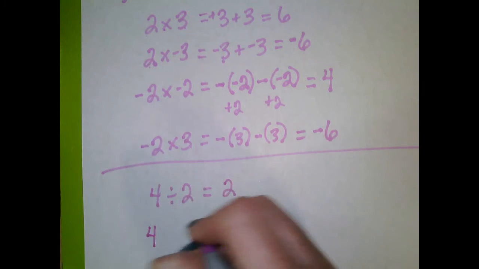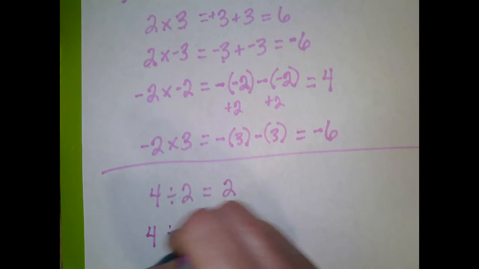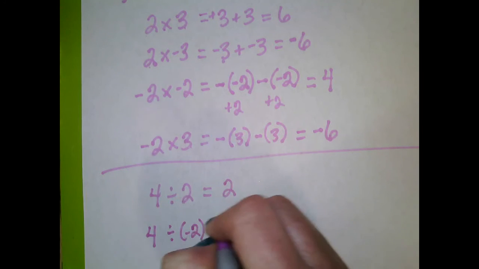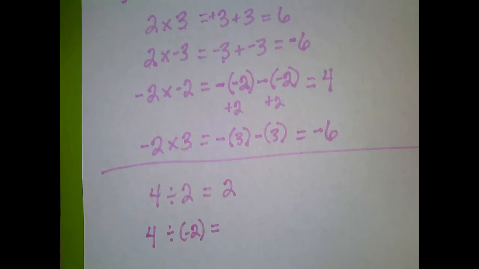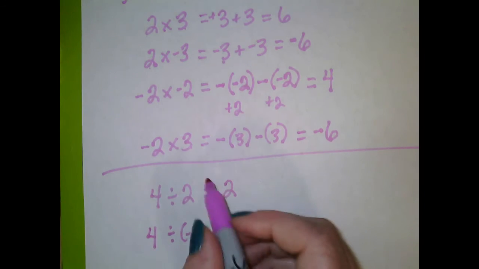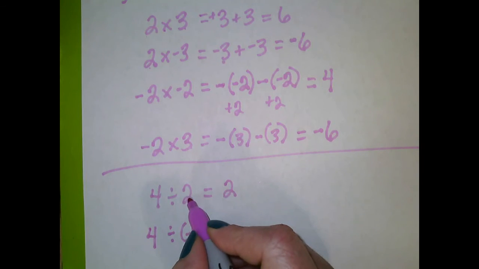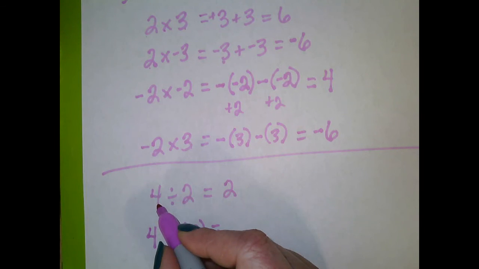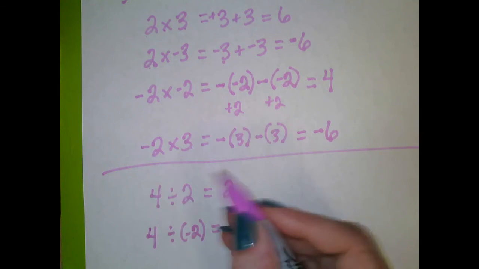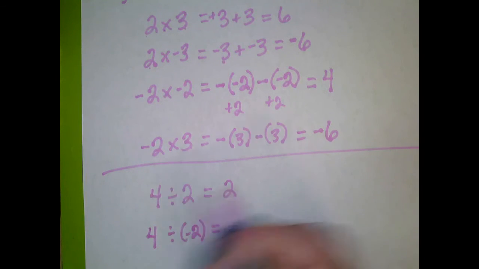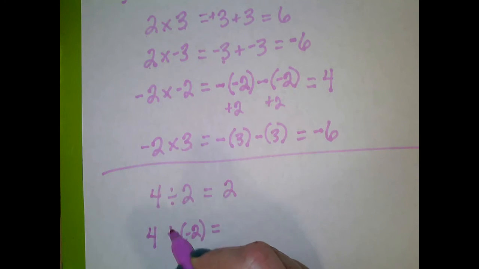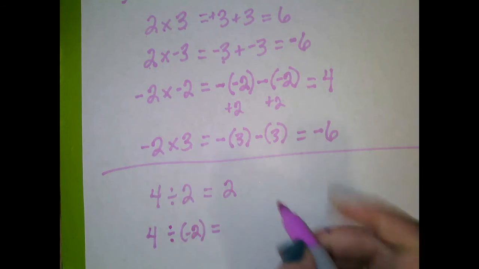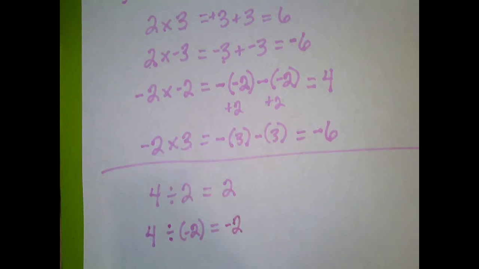If you have 4 and you want to divide it by a negative 2, so this one right here started off with dividing by 2 is saying how many sets of 2 are in 4. There's 2 of them because you can do 2 plus 2 to get 4. This one is asking how many negative sets of 2 are there in 4. Well, there's negative 2.